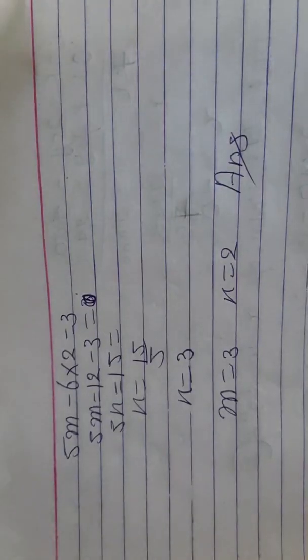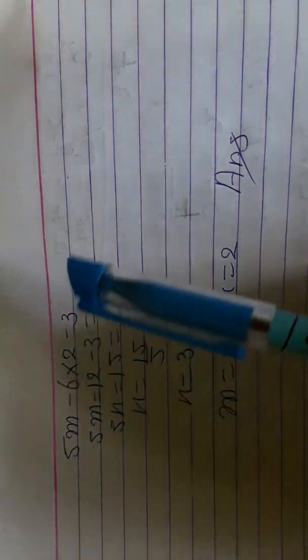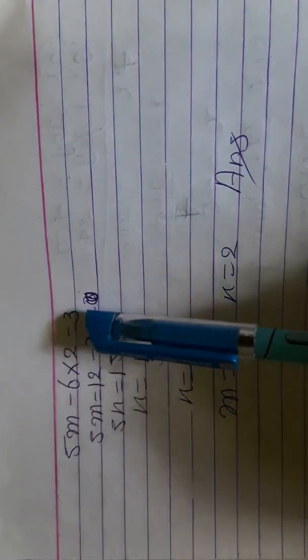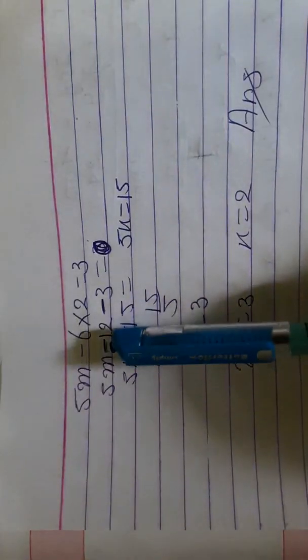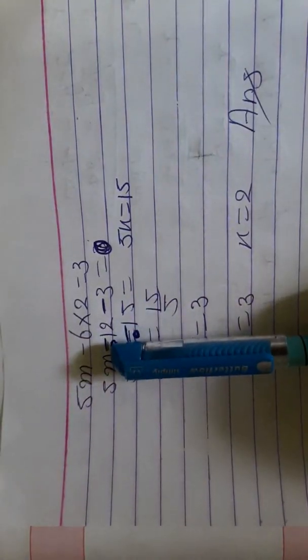We put the value of n in the first equation, 5m minus 6n is equal to 3. The value of n is 2, so 6 into 2 is 12, giving 5m minus 12 is equal to 3. The 3 goes to the left hand side and the sign changes, so minus 12 minus 3 is minus 15.